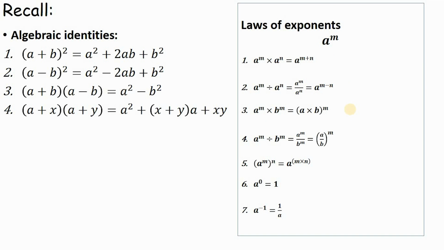Now we'll try to understand why we need to rationalize, and we'll try to define what rationalization is. Let's take an example, 1 by square root of 2. Here the numerator, that is 1, is an integer, or we can say a rational number, because all integers are rational numbers, and the square root of 2 is an irrational number.